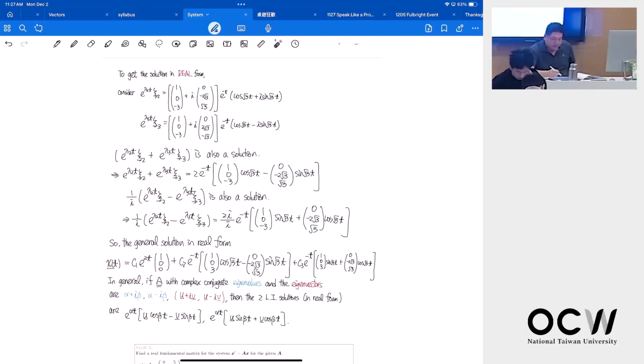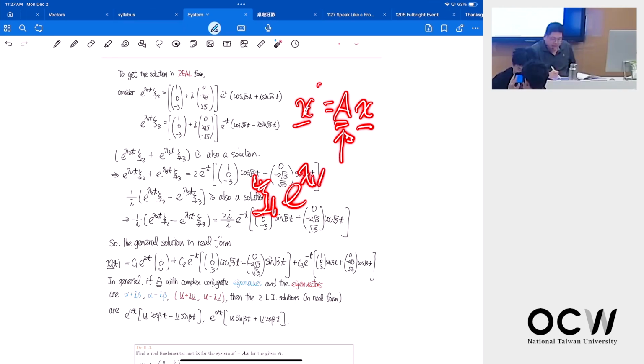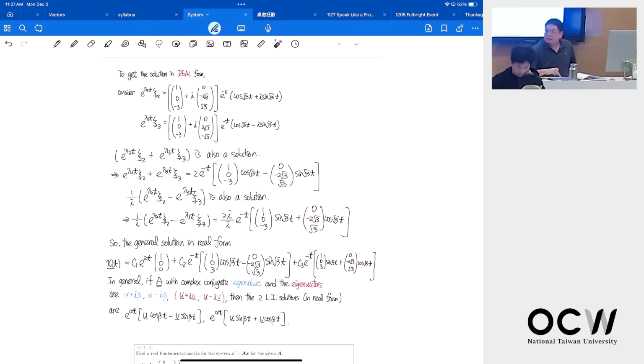Okay, so now to find the solution of x prime equals Ax, we know that I can find the eigenvalues and eigenvectors of the matrix A, and then the solution will be eigenvector times e to the eigenvalue t, and you do the linear combination. Okay, next page.